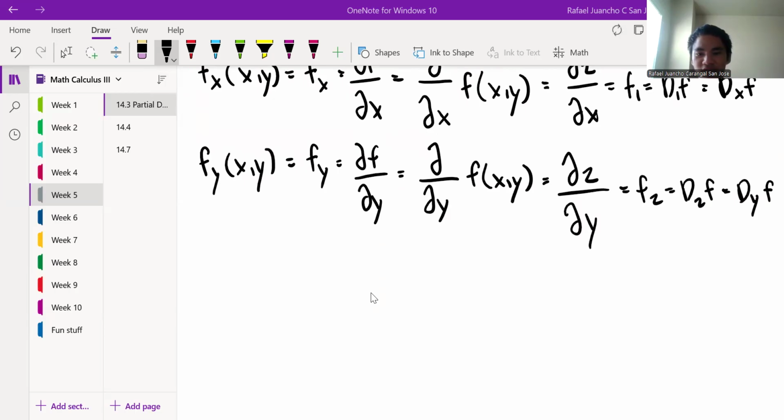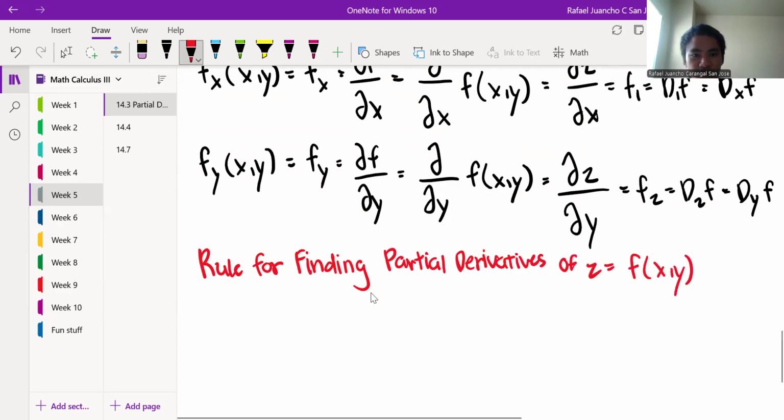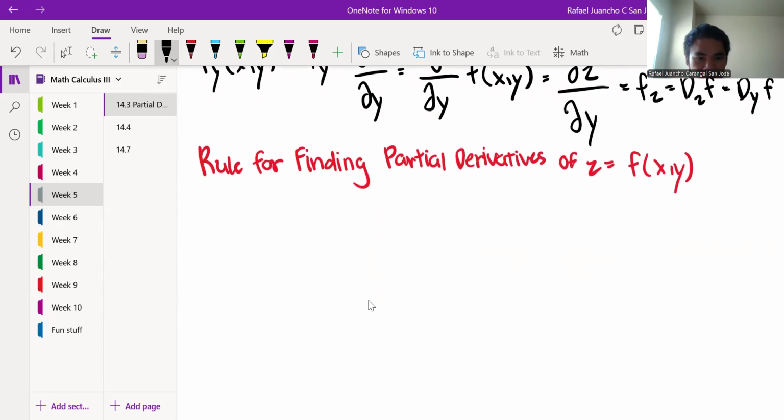So the rule for finding partial derivatives is that, number 1, we find f sub x.